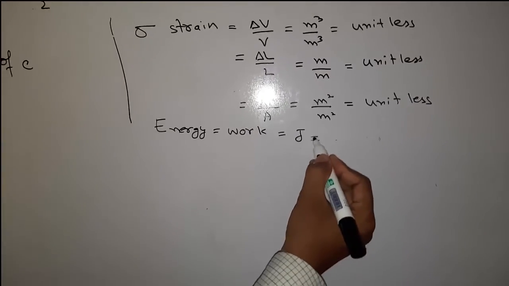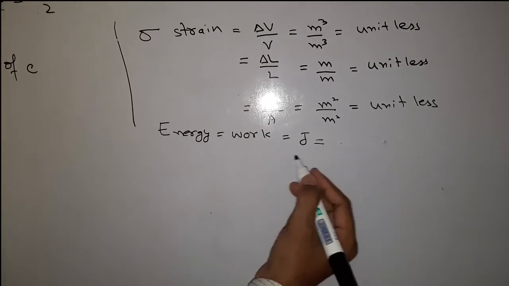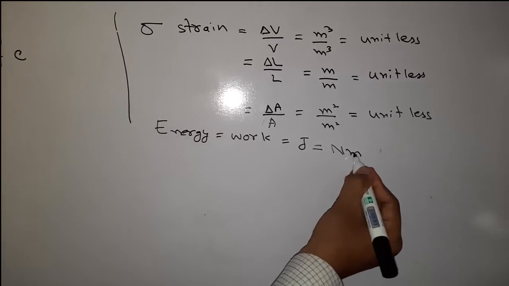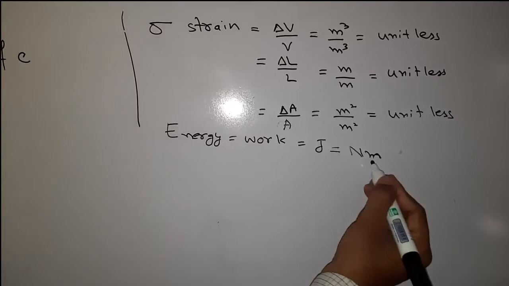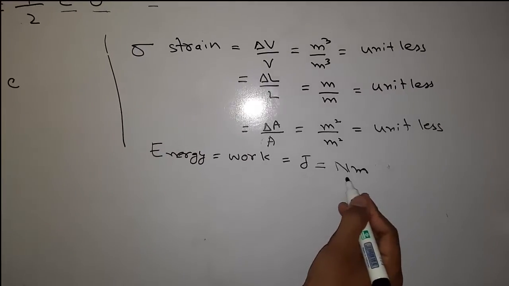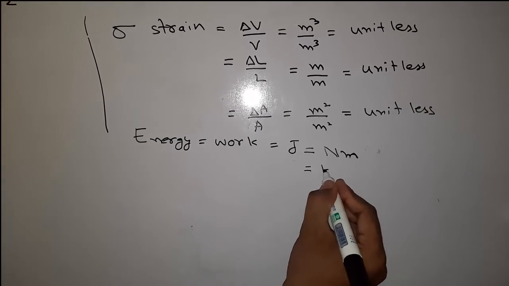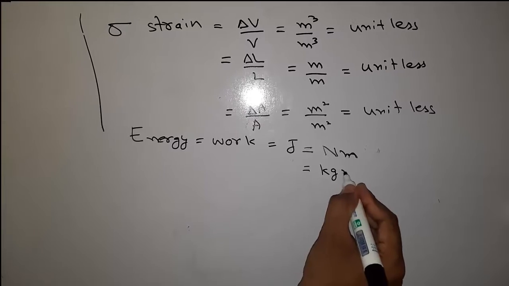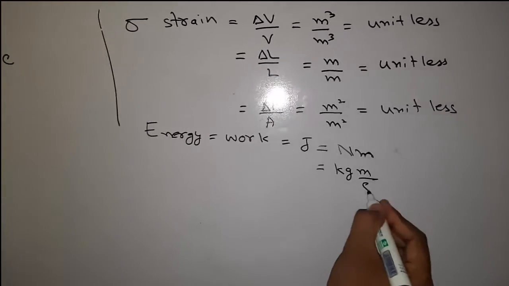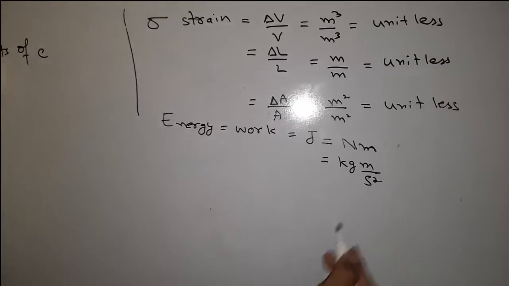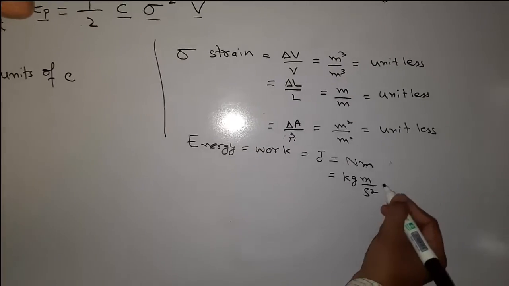We can write the unit of work as well, Newton meter as earlier, F into D. But again, meter is the base unit while Newton is the derived unit, so we can transform it. So Newton, as we have converted earlier, is kilogram meter over second square. Kilogram is the unit of mass, and meter per second square is the unit of acceleration.